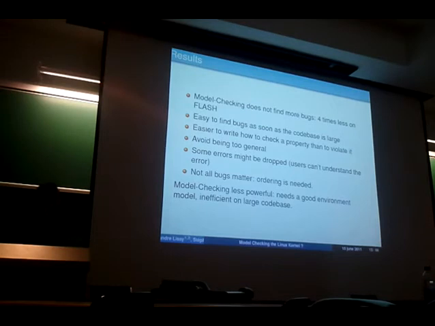They state something important to me, which is that it's easier to write how a property should be checked than to cover all the cases where it can be violated. So this might have an impact on the future work that I will have to do. They also state you have to avoid being too general.